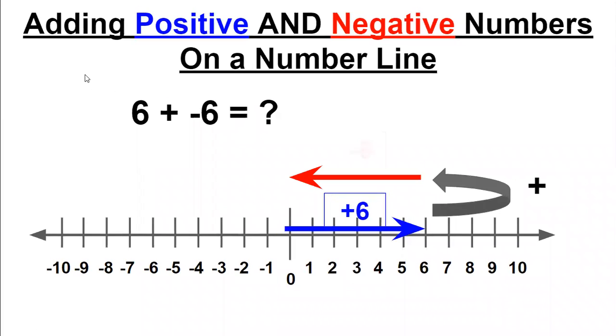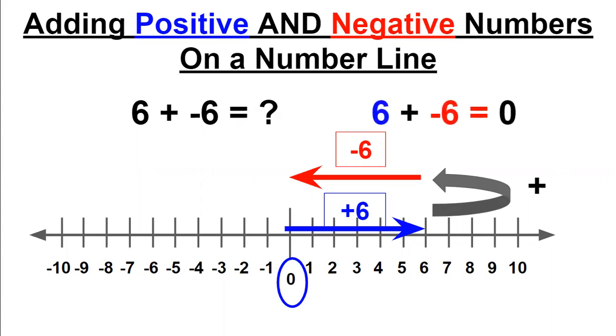If we go backwards, -6, we go backwards the same amount we went positive, right? So our answer is 0. A positive and negative of the same number will cancel each other out and you'll end back up at 0. Opposites end up being 0. 6 plus -6 equals 0.